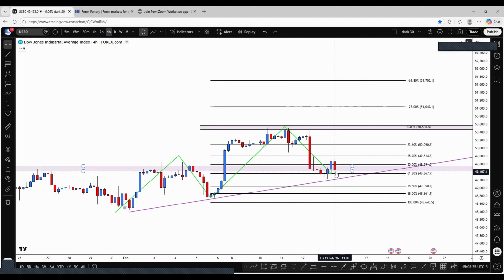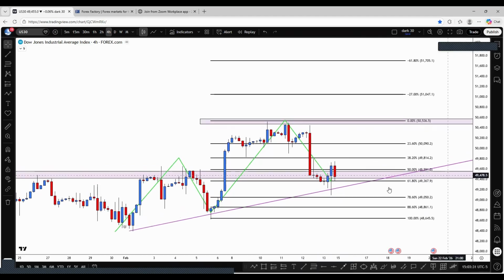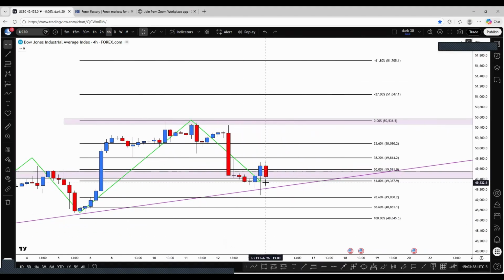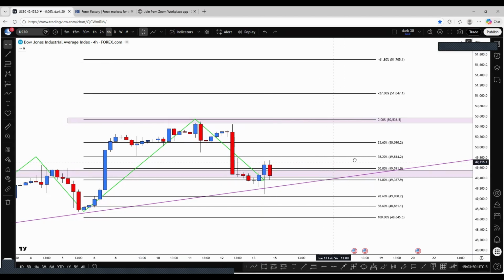So the following candle, which is the red candle, is how the market had closed on Friday based off of this 4 hour chart. But we also have more rejection. As you can see, this wick at the bottom of this candle. You have a wick at the top too, but right now I'm just focusing on the wick at the bottom that's rejecting from this zone and the 61.8 level.